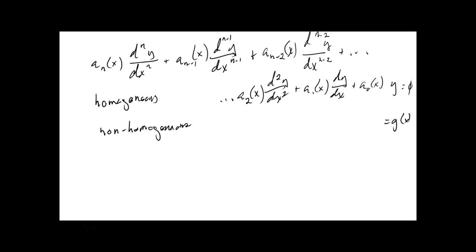Solve that, and then once you solve that, go back to deal with the g of x. So what we're going to start with now is not having the g of x, just how do you solve that when it's equal to 0, when it is homogeneous, your homogeneous solution. So that's what we're going to look at in 4.1.2.